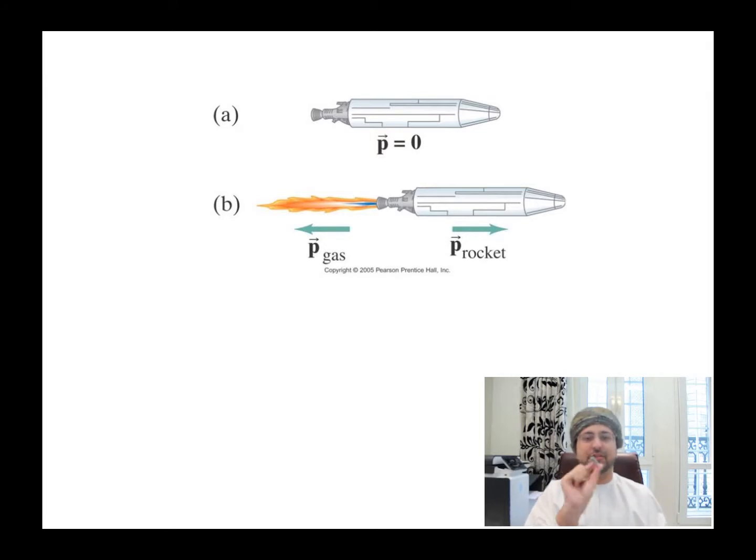But because it's an isolated system, it's not interacting with anything, and this gas pressure is coming from the inside, it means my total momentum still needs to be 0. So if I have minus mv in this direction, then my only way of having a total of 0 is to also have a plus mv in this direction. And this is exactly what we see. The gas is going backwards, and the rocket is going forwards.